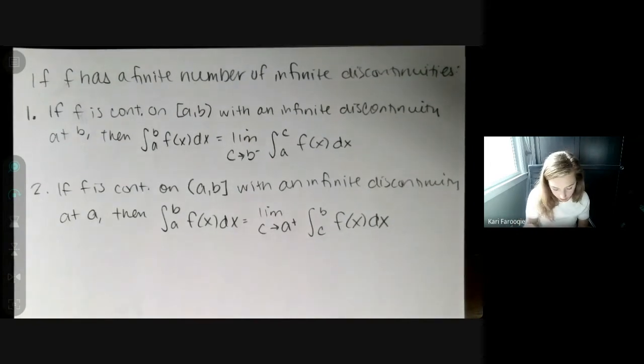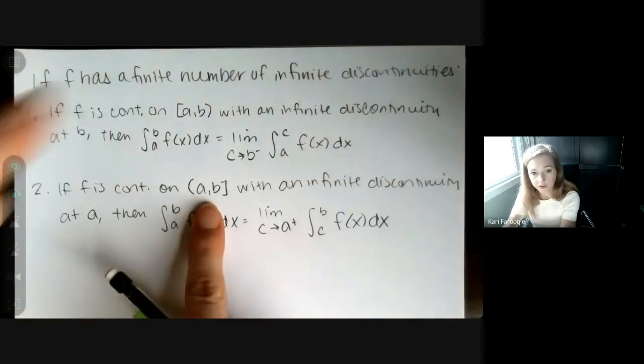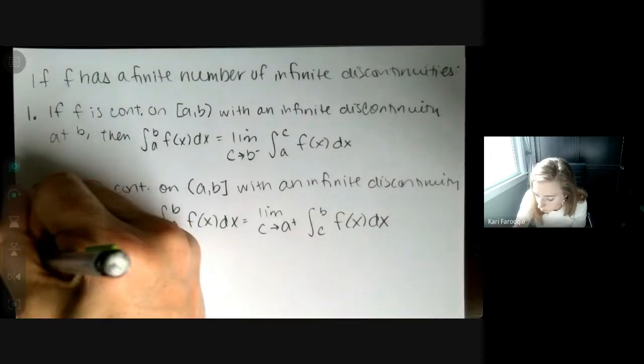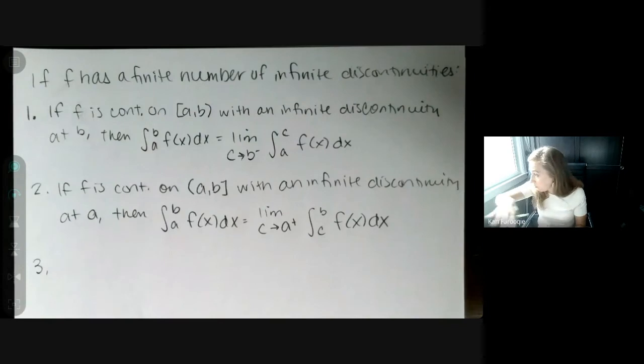And then the other scenario would be if you had some sort of infinite discontinuity somewhere inside your interval. So these cases cover situations where you're integrating up to an infinite discontinuity, but everywhere inside the interval would be continuous. Case 3 would be that you're just integrating right over an asymptote.